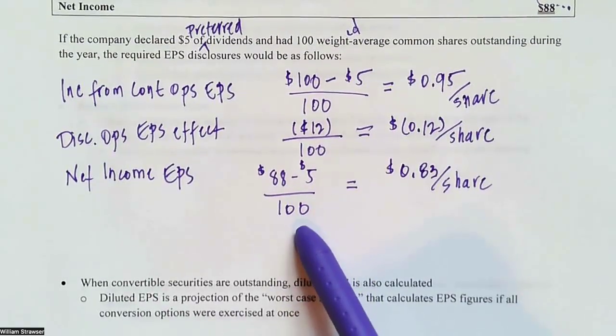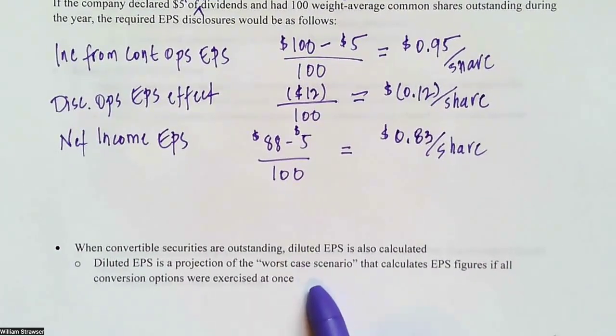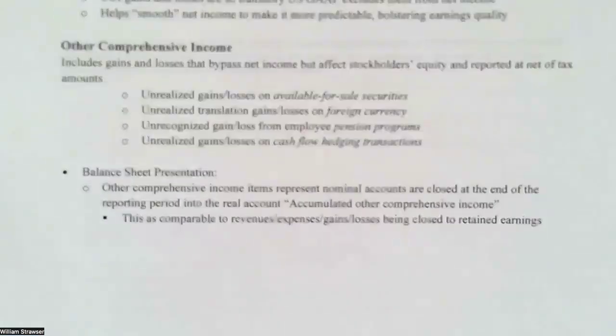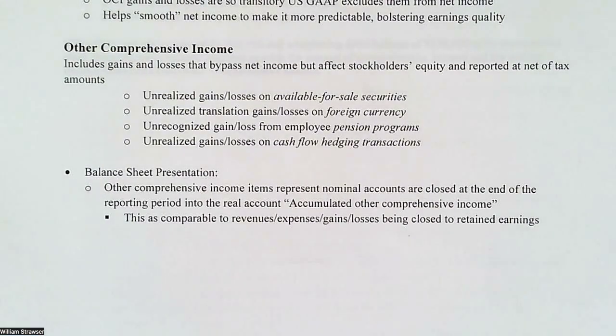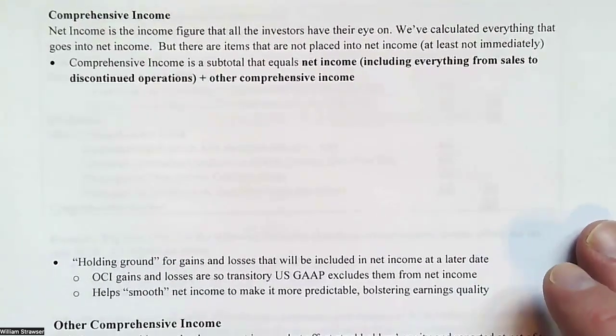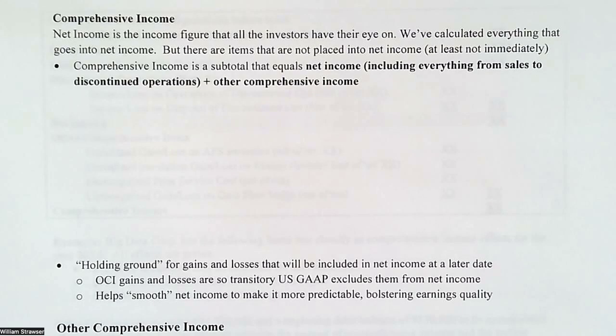It could get much higher if they decide to do that. So what the diluted EPS is doing is just saying, okay, let's consider the worst case scenario. If all these people decide to exercise their options, then this is the effect it would have on my overall EPS. It would not be the basic EPS, it would become the diluted EPS. So that's the first piece, earnings per share, not too difficult.